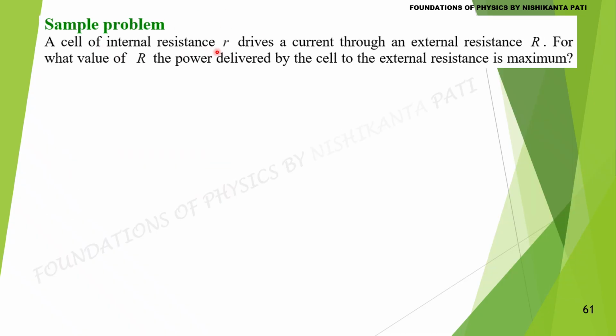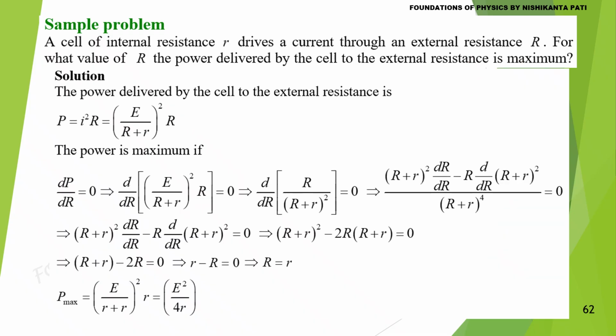A cell of internal resistance r drives a current through an external resistance R. For what value of R is the power delivered by the cell to the external resistance maximum? The power delivered by the cell to the external resistance is P equal to I square R. I we know is E by R plus r. So this power depends on this R and r.